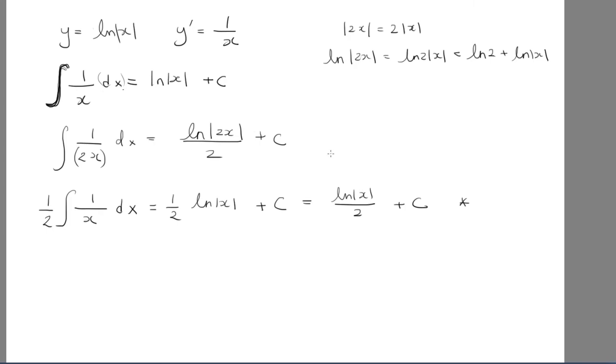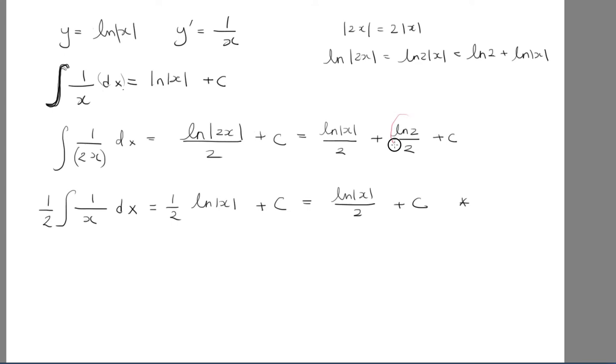Is that right? So what happens here is this separates out into this over 2 plus ln 2 over 2 plus c. Okay?